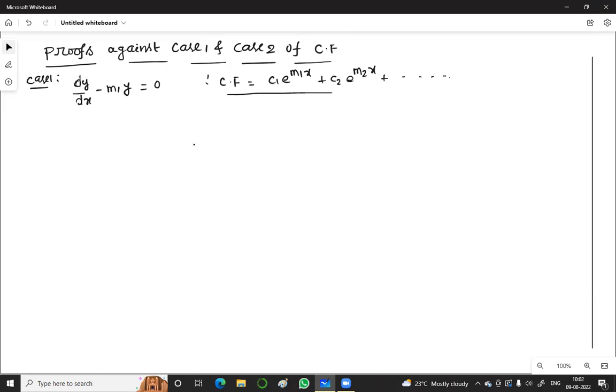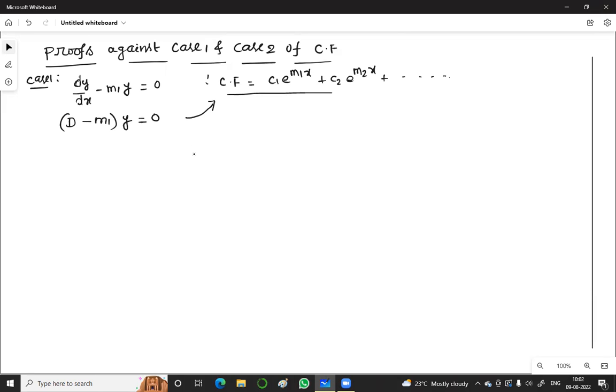Let us say the equation is this. d by dx is an operator operating on y, minus m1 operating on y is equal to 0 is the equation. Now d minus m1 is equal to 0 is the root, and the complementary function we write like this. But how have we written it?